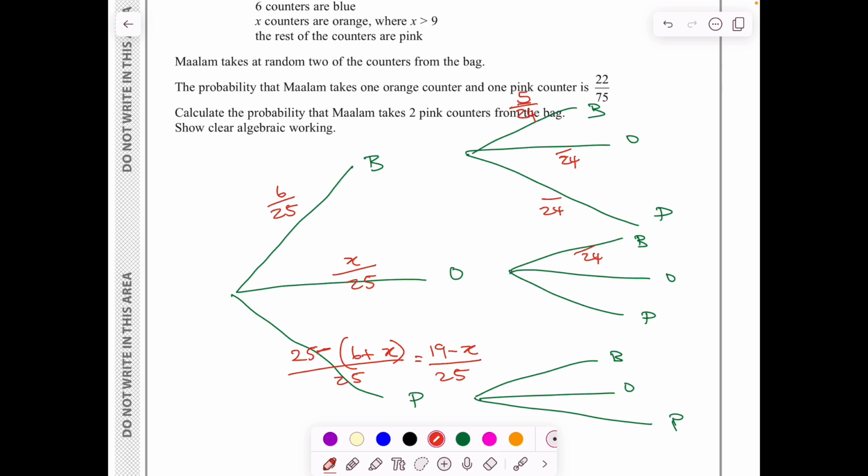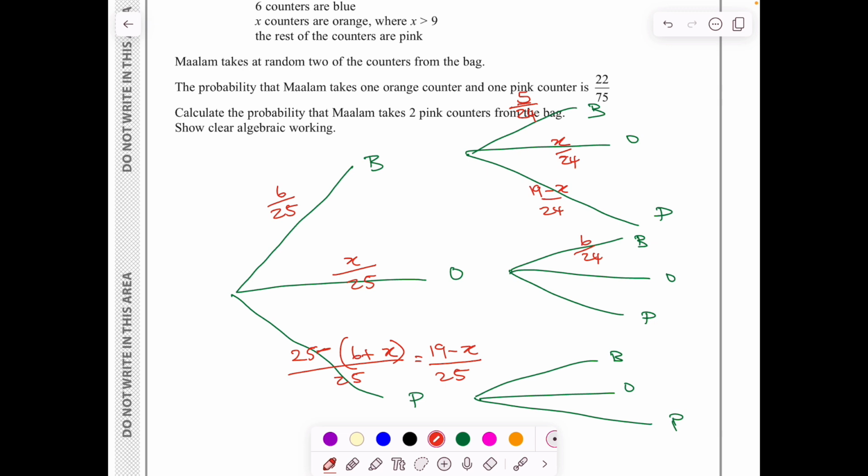To be honest, I'll just concentrate on the ones they want me to do. So they want me to calculate the probability. Actually, I will fill this all in really quickly. This stays as X because I only chose blue at first. And this stays as 19 take away X. Now, in the middle, if I chose orange first, this still stays as 6.